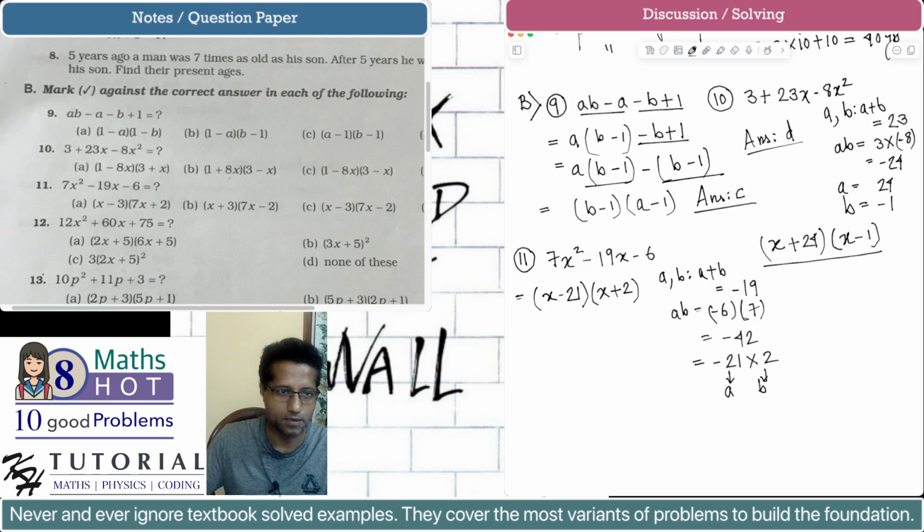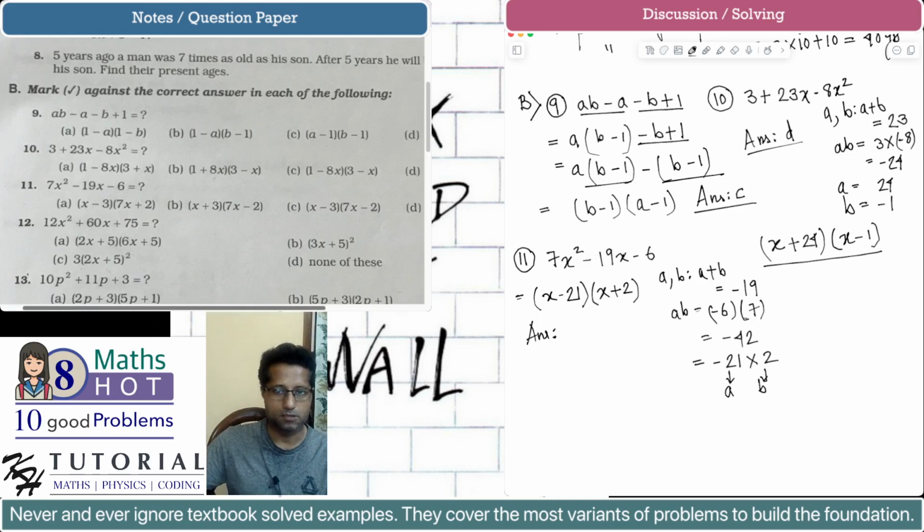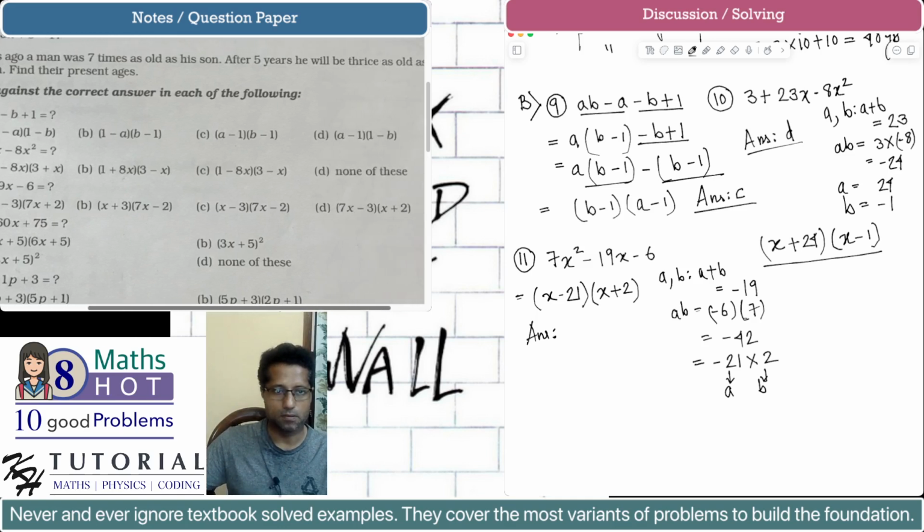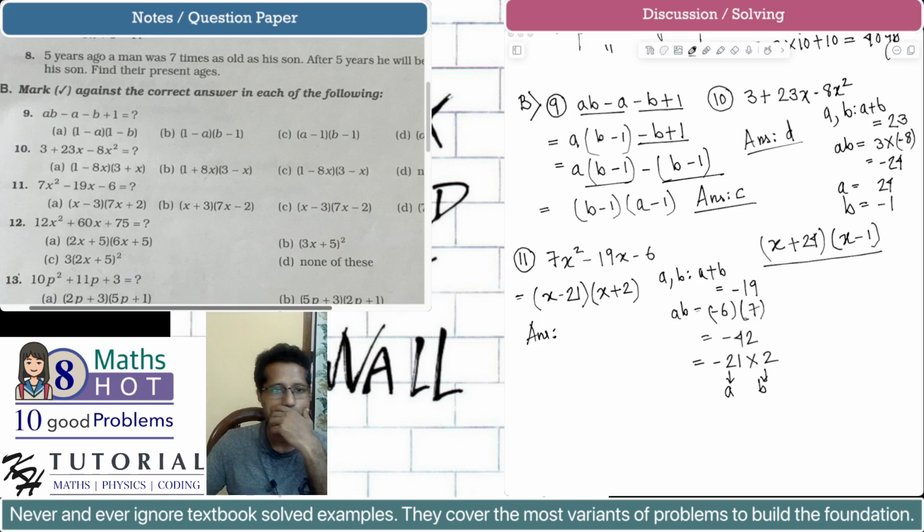This is the factorization, and hence the correct choice should be x minus 21. What is happening? Is there any other combination?